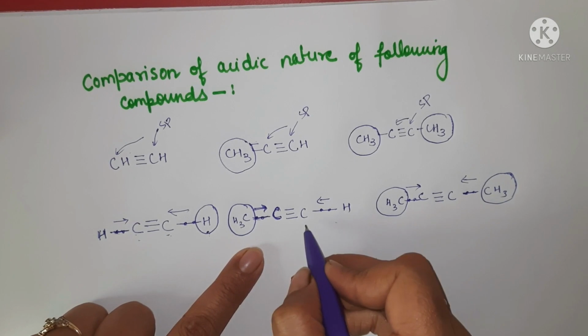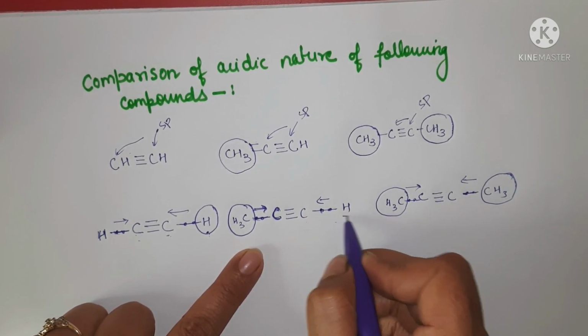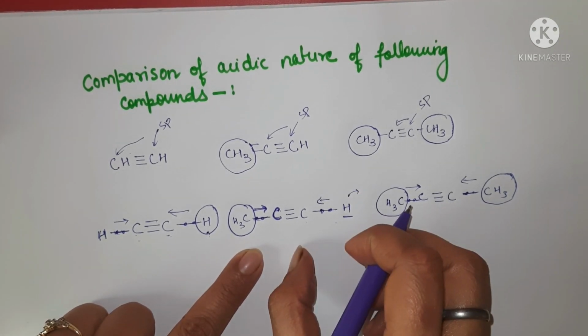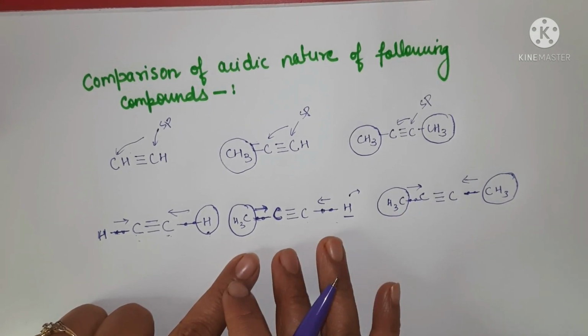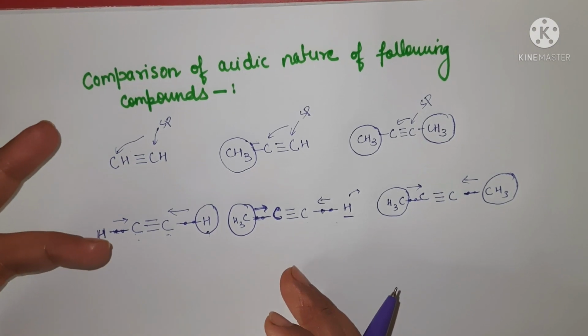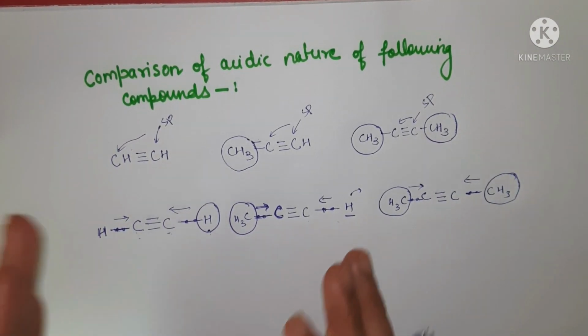So this carbon will attract the bond less, and the proton will have less tendency to release from this molecule. Always remember, if there is an alkyl group or any group showing positive inductive effect, the acidity will definitely decrease.